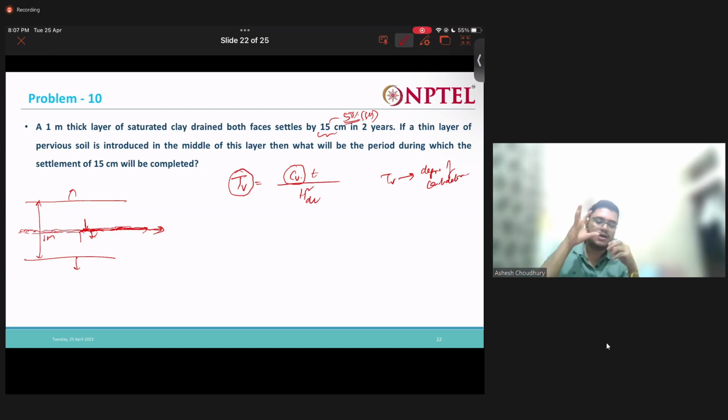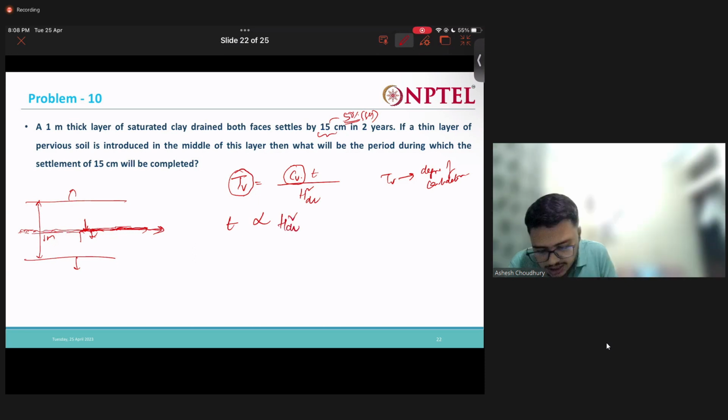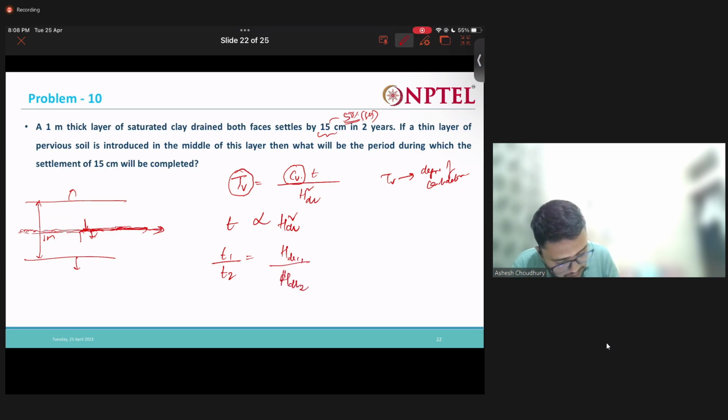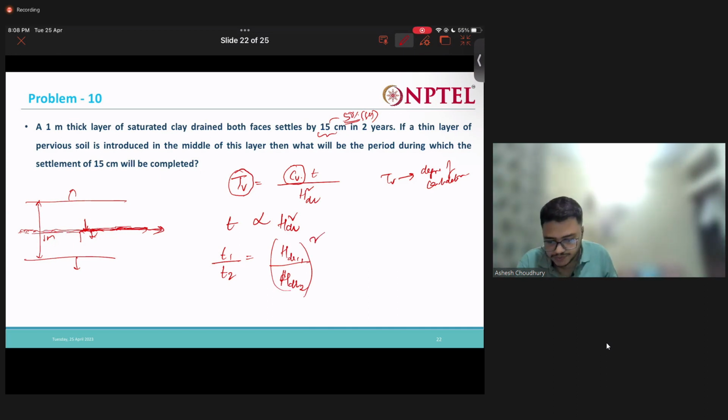So the degree of consolidation in both the cases will be the same, because we need to find out, for the same 15 centimeter settlement, how much time will be required if the drainage is increased. So TV will be constant. So we can write T is proportional to HDR square, isn't it? I can write T1 by T2 is equal to HDR1 by HDR2 square, right?